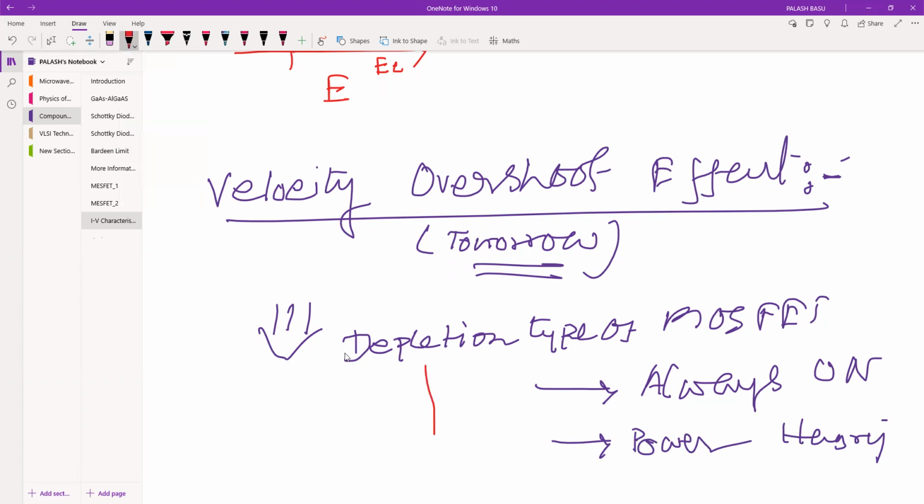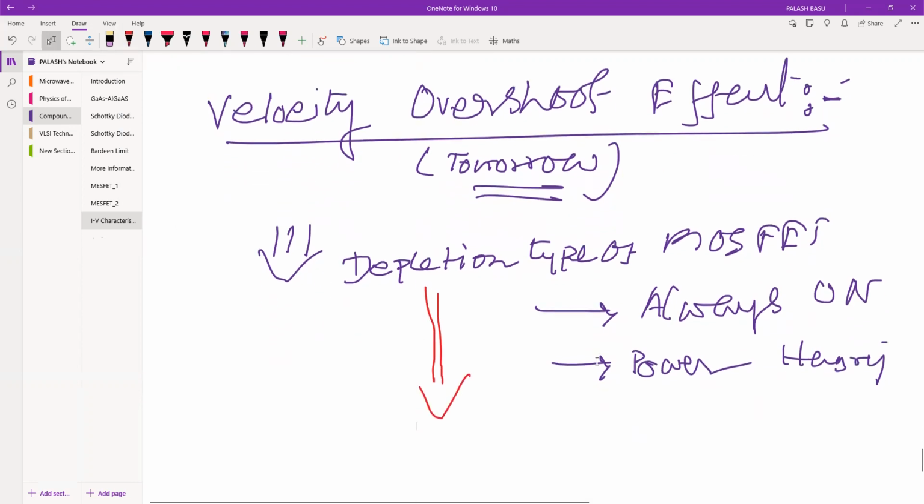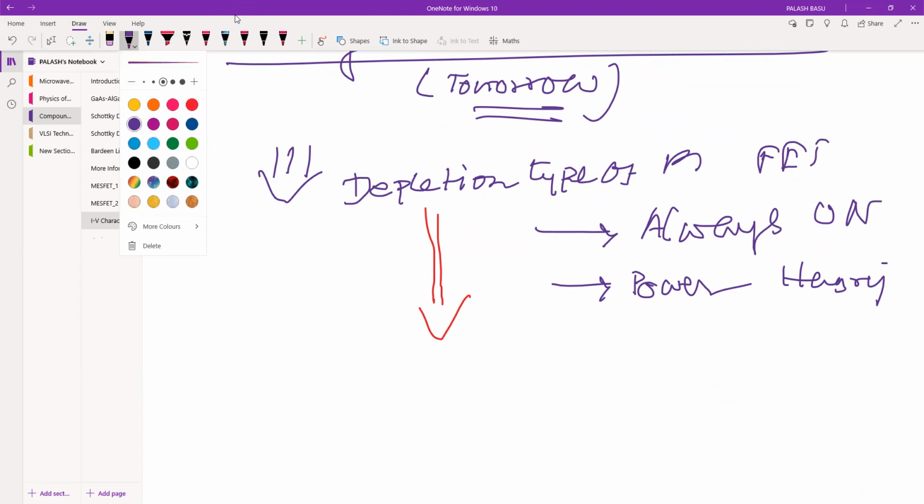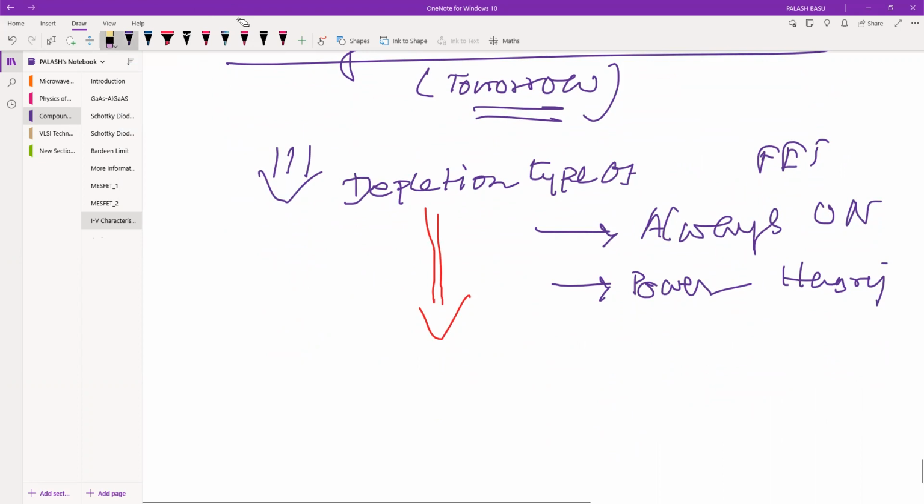The question is the following: can we have an enhancement type of MESFET?